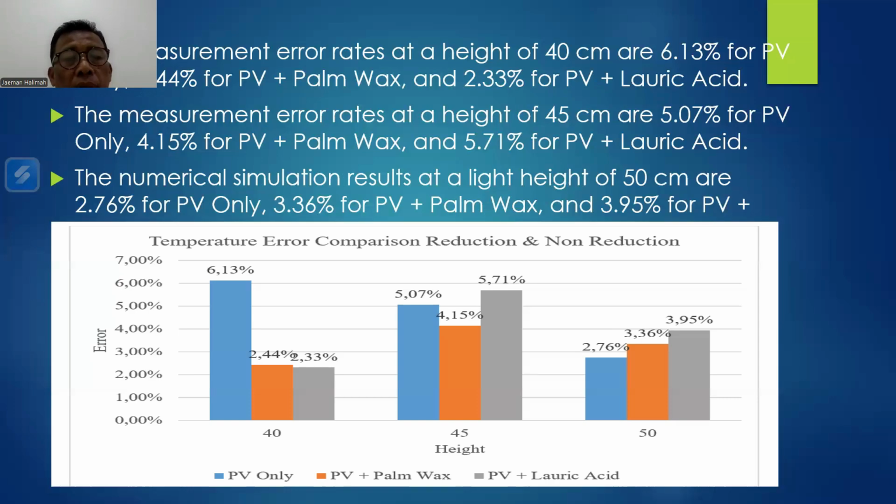This diagram shows temperature comparison, reduction and non-reduction. The blue color is PV only, red color is PV and palm wax, and gray is PV plus lauric acid.